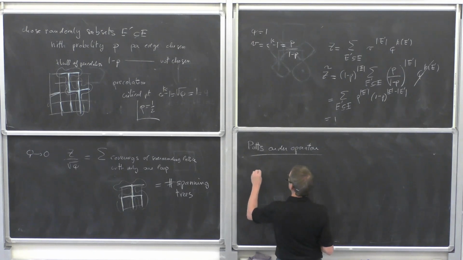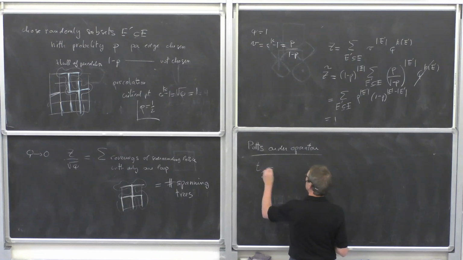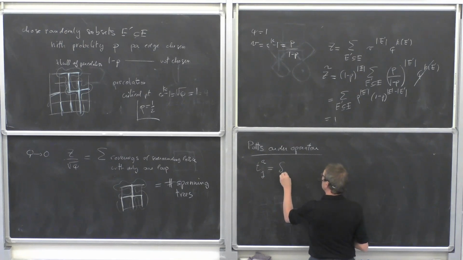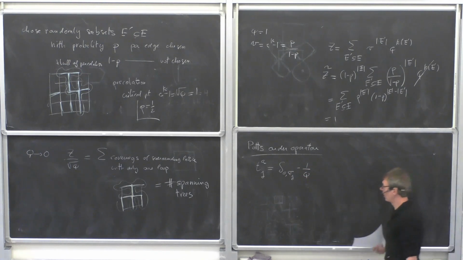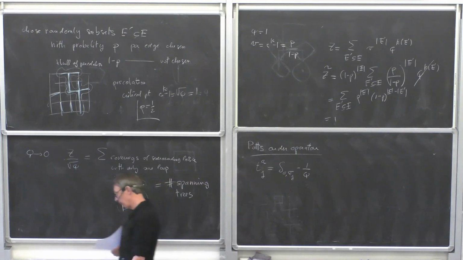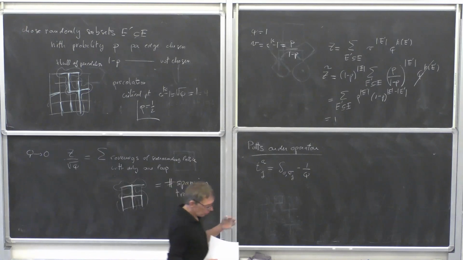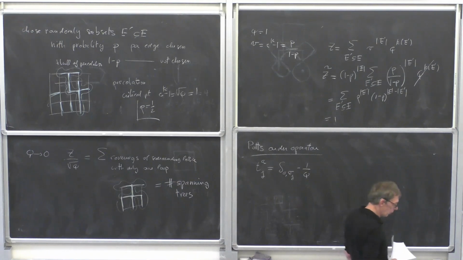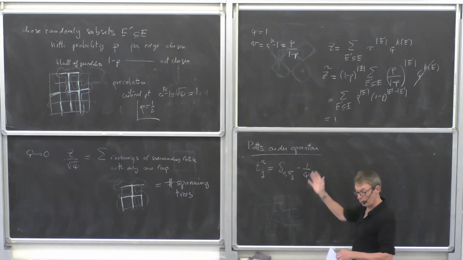In the Potts model, it turns out that the order operator, which I'll denote quickly by T_j at site j, is a tensor which is equal to delta A sigma_j minus 1 over q. So it's a number which is 1 minus 1 over q if the color of the spin is equal to A, and it's minus 1 over q otherwise. You see that for q equals 2, it's 1/2 or minus 1/2.